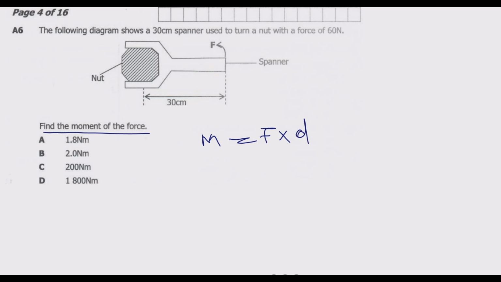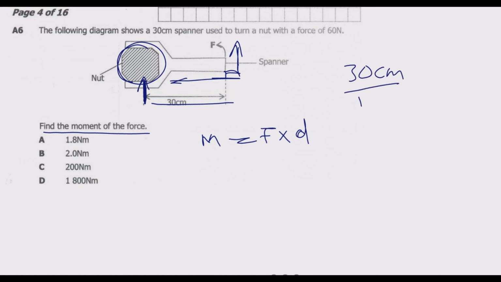So we need the perpendicular distance to the force. We notice that the force is in this direction, so the distance should be in this direction, so that this angle is perpendicular. The distance is from the point of pivot, because this is where the rotation is happening. This distance is 30 centimeters, which should be converted to meters by dividing by 100, because there are 100 centimeters in 1 meter.